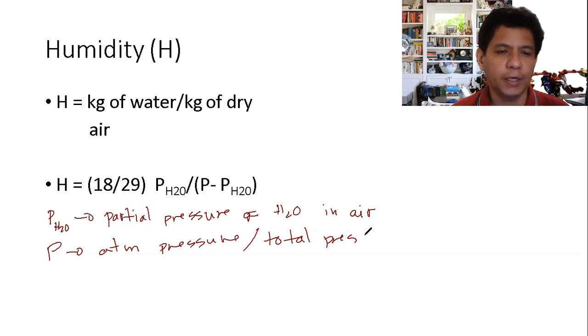Usually in a problem, if P is not given, the default value is 1 atmosphere.